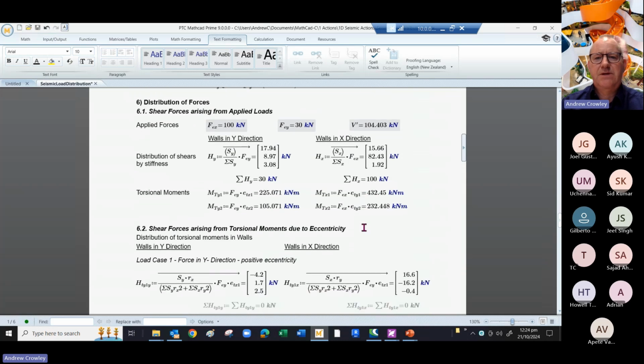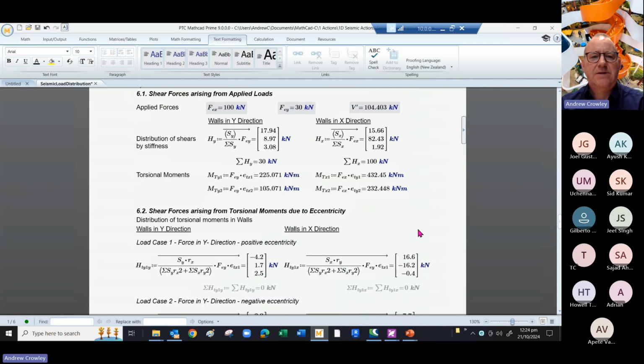Now we look at distributing the forces, and so as we can see, the distribution of shear forces is relatively simple. We take the stiffness of the particular wall divided by the total and multiply it by the applied load in that direction. So we do that for the y direction, and here we're doing it for the x direction.